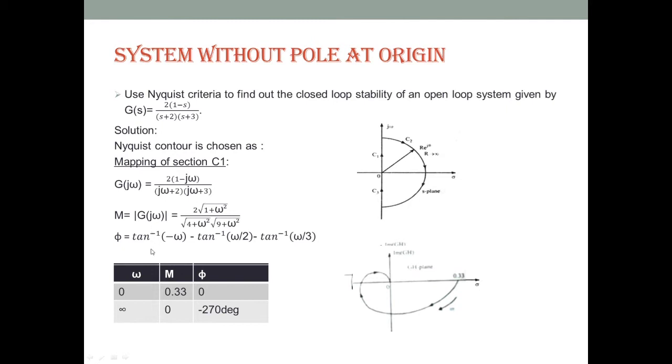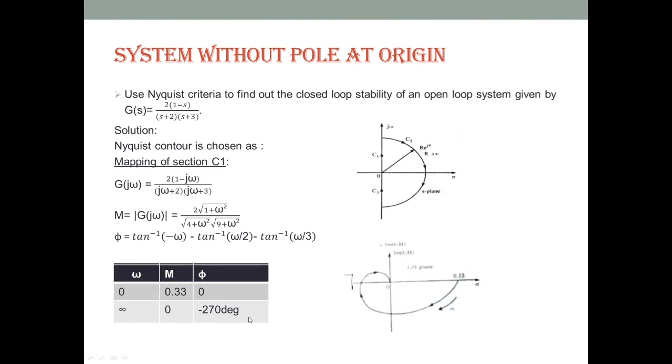Now in the similar way as the polar plot, we vary omega from 0 to infinite. At omega equal to 0, the magnitude is found as 0.33, where the phase angle is 0 degrees. And when omega is infinite, then the magnitude becomes 0 and the phase angle is minus 270 degrees.